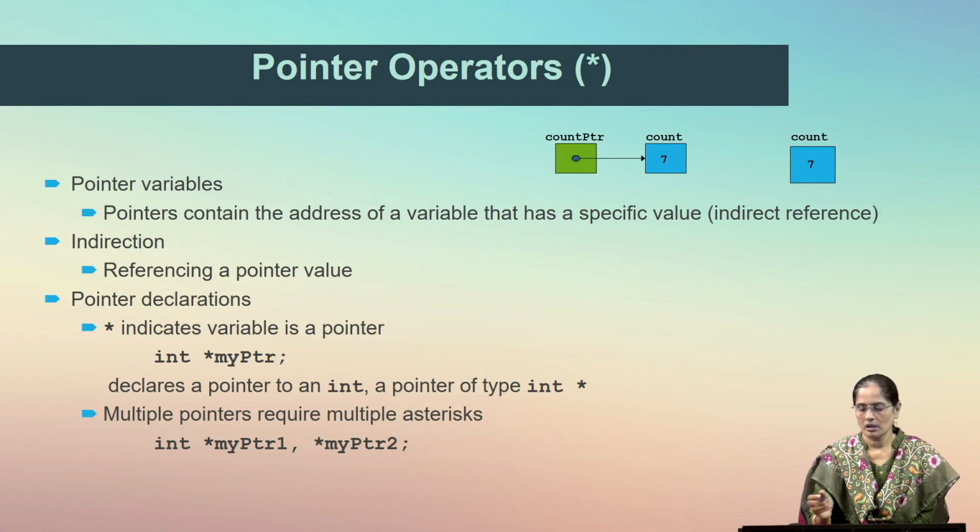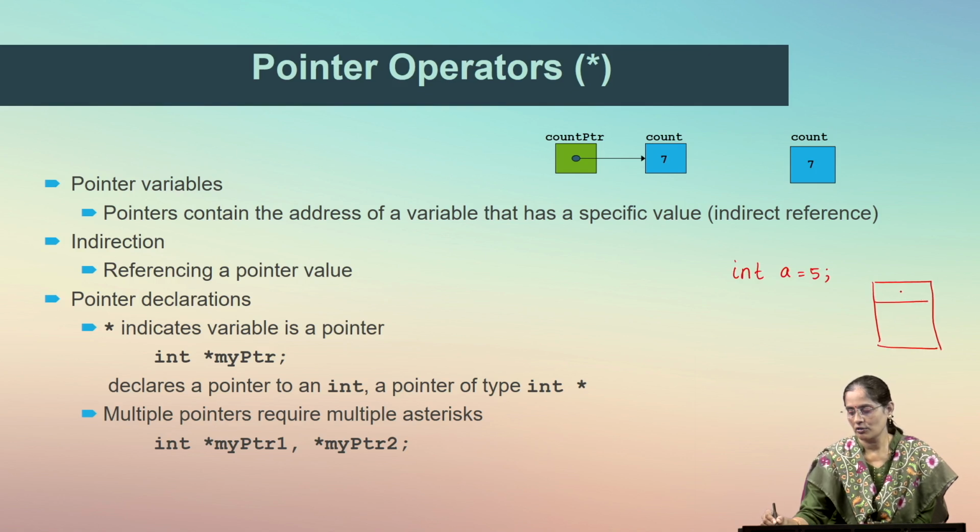Supposing I am declaring a variable int a equal to 5, we have already learnt that in memory there will be a location assigned for the variable a, and let us assume that the address of the variable is 5000.